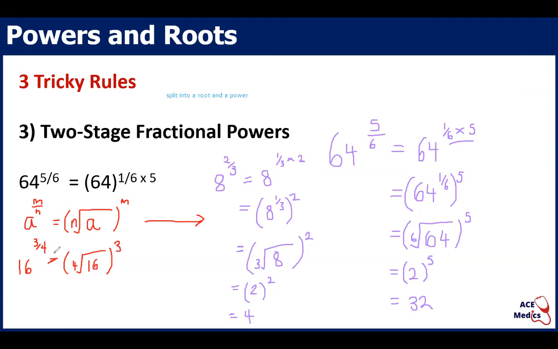I remember it as the numerator is the one on top, and 3 is up here, whereas 4 is down here. 3 is up here, 4 is down there. Does that make sense? So if you don't want to use the other method, you can use this method here. Does that make sense to everyone? We've got quite a lot to cover, so I won't go through it too much.